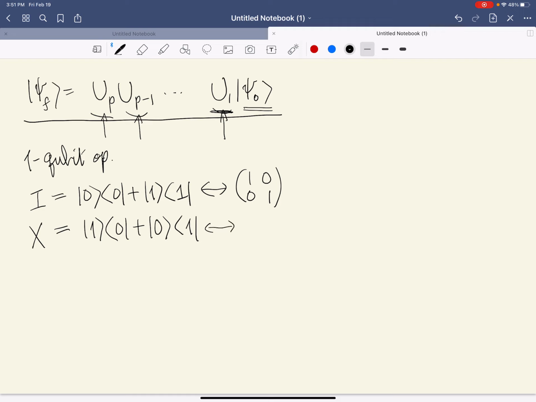And this flip operation has the matrix representation, which is the well-known Pauli X operator. This is also known as the NOT operation, for an obvious reason: whatever the state is, the action of the operation is to reverse that state into the other one.